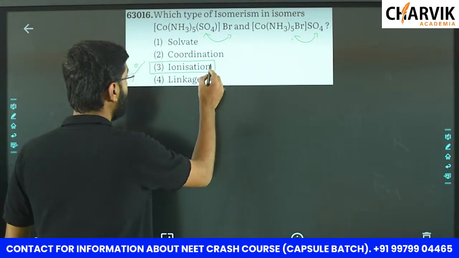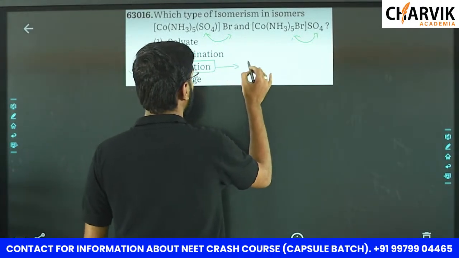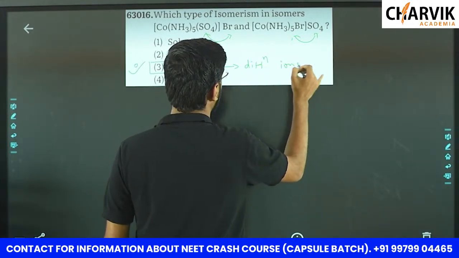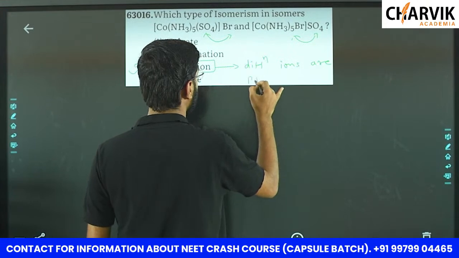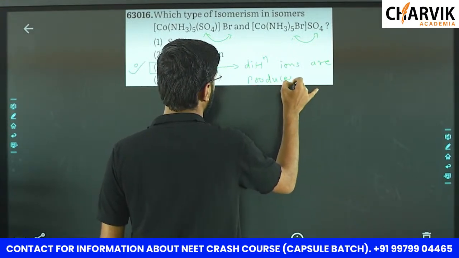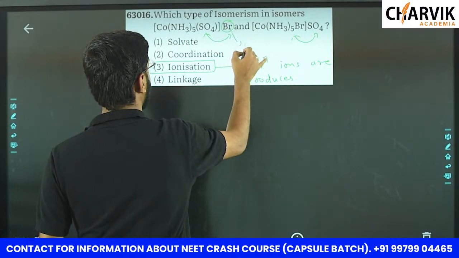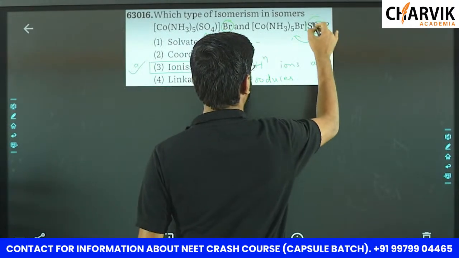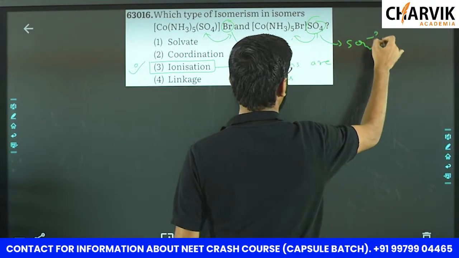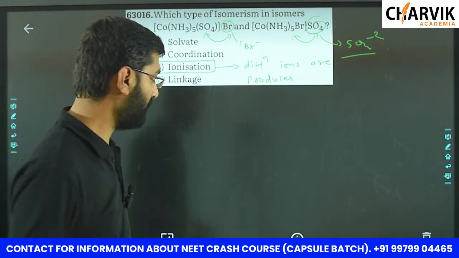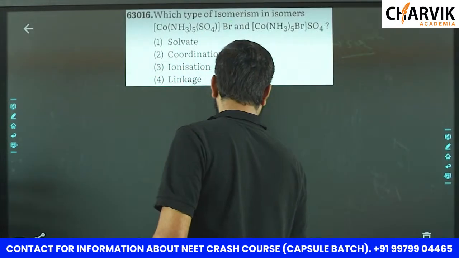In ionization isomers, different ions are produced. In case of first, Br minus will be produced, and in case of second, SO4 2 minus will be produced. Done? Okay. Move to next question.